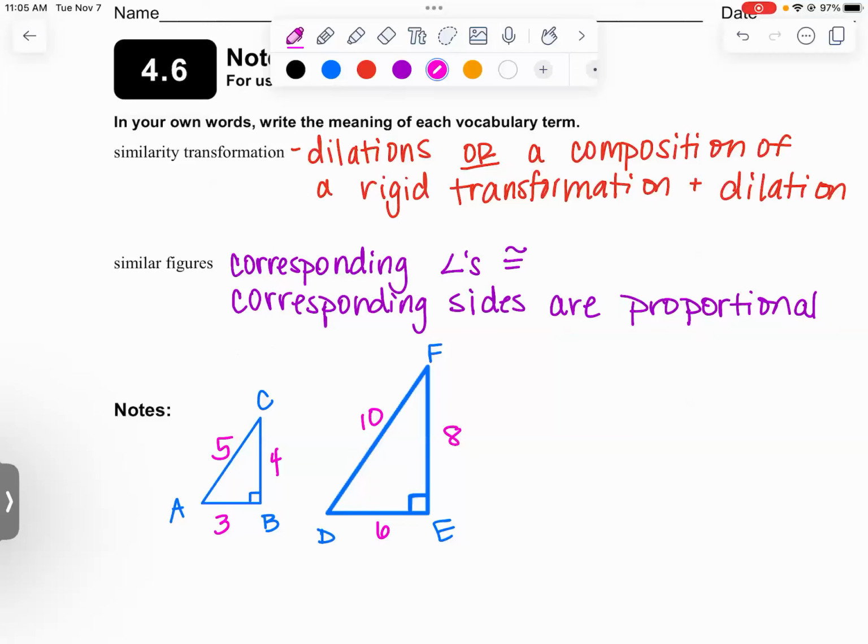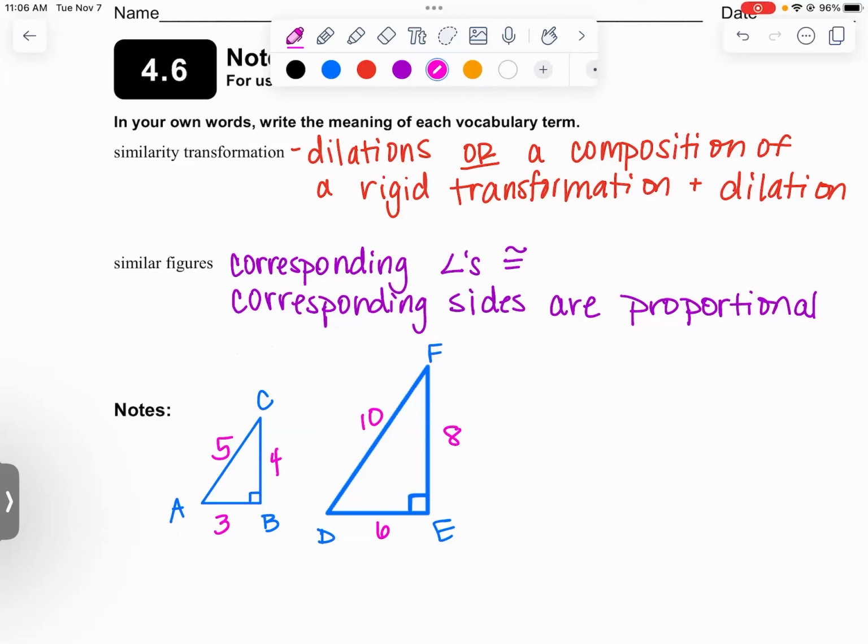Okay, and let's talk about why they're similar. Okay, Sam, why are you saying that they're similar? Harvey? Because the sides on them are either multiplied by 2 or divided by 2. Okay, our sides are proportional.